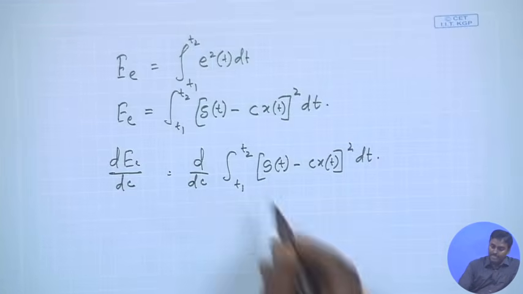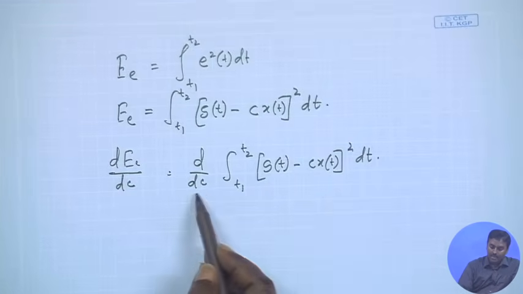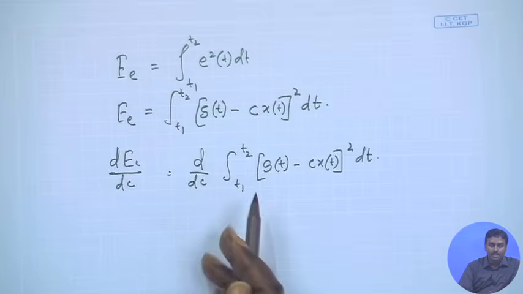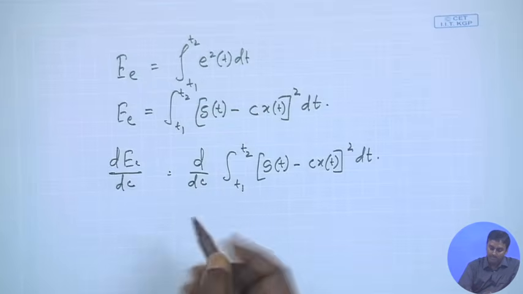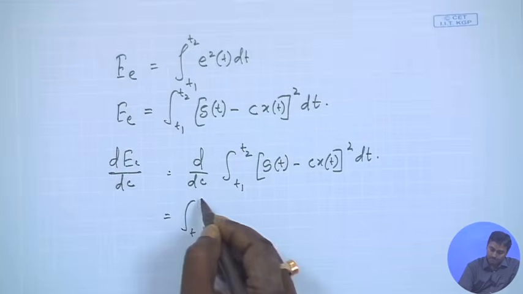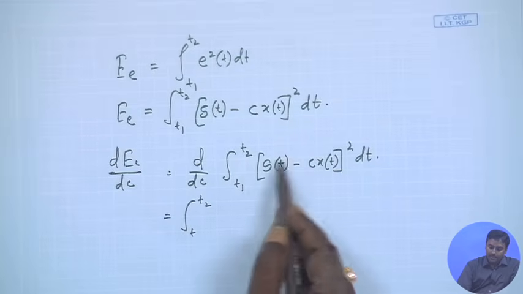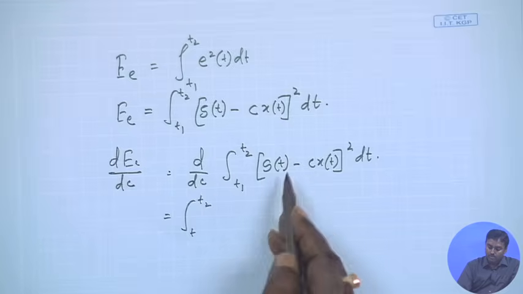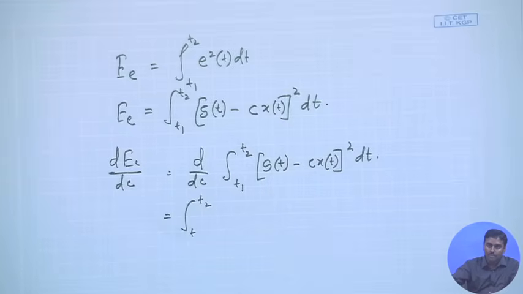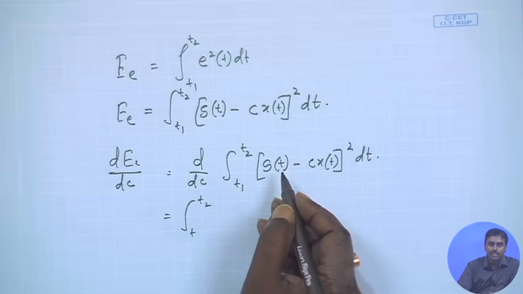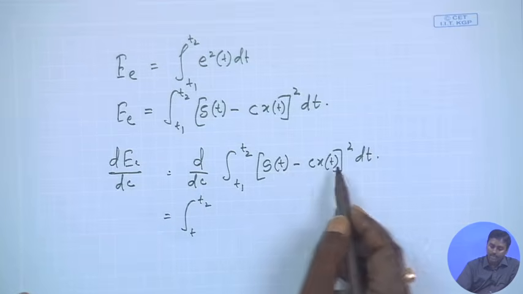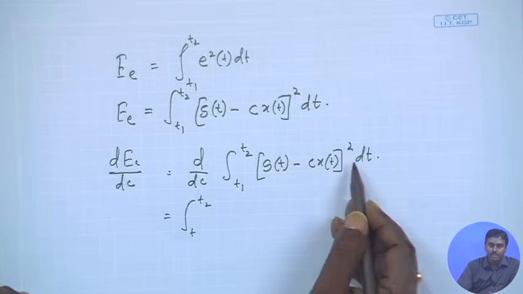Now, of course, the integration is over T and differentiation is over C, they have no dependency. So, I can interchange these two, right. So, I can take this inside, differentiating, suppose I open up this square. So, it should be G square T, differentiating with respect to C, that will be 0, then minus 2C GT XT.